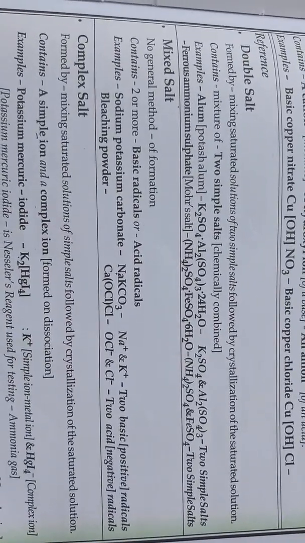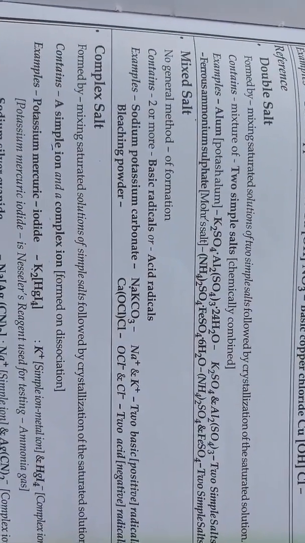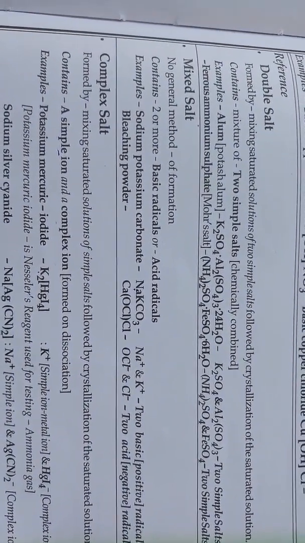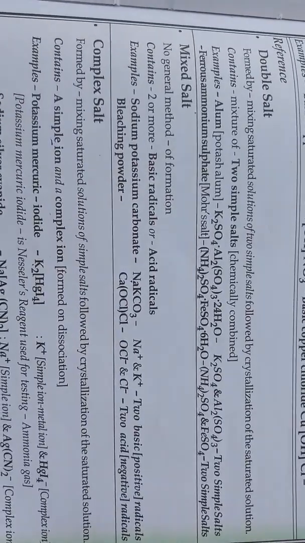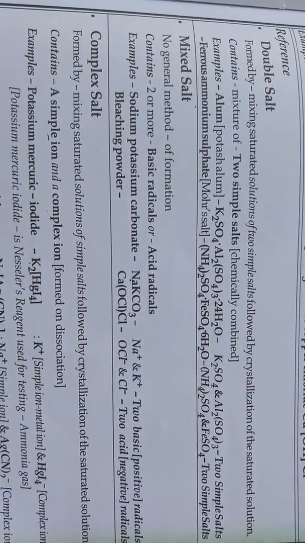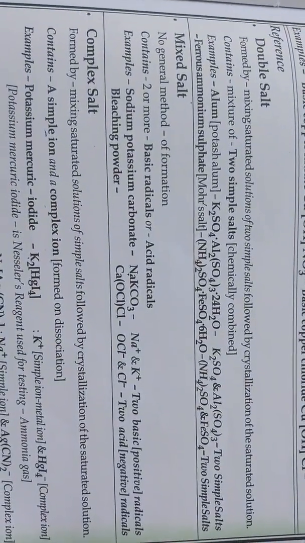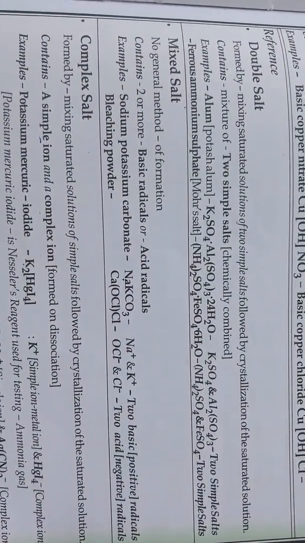Mixed salt contains two or more basic radicals or acidic radicals. Take a look at the example NaKCO3. Sodium and potassium are both positive ions, and together with them is carbonate, because the valency of carbonate is CO3 minus 2.